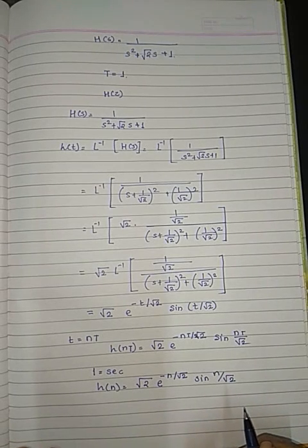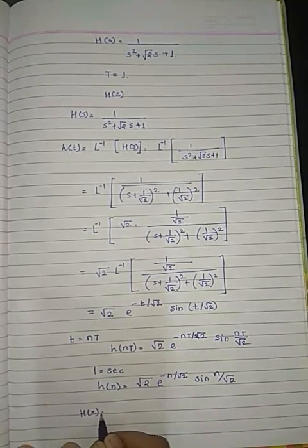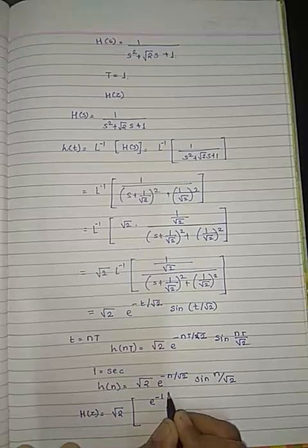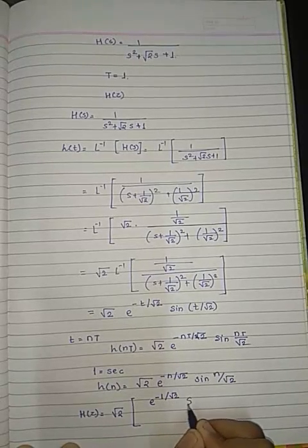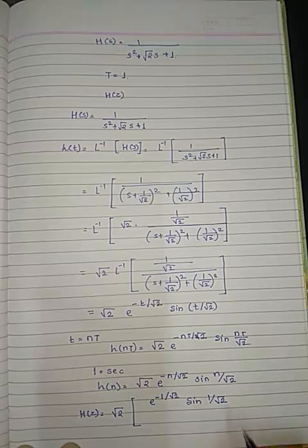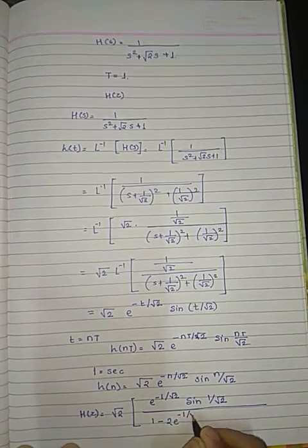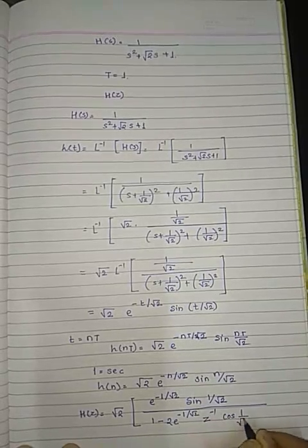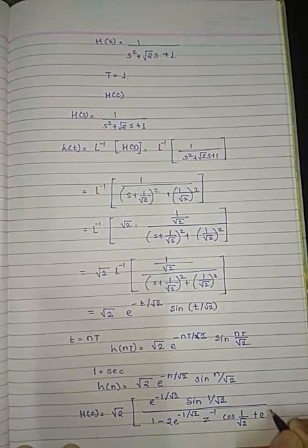So by converting this equation into H of z, we have square root of 2 into e raised to minus 1 divided by square root of 2 into sine 1 by square root of 2, the whole divided by 1 minus 2 into e raised to minus 1 by square root of 2 z raised to minus 1 cos of 1 by square root of 2 plus e raised to minus square root of 2 z raised to minus 2.